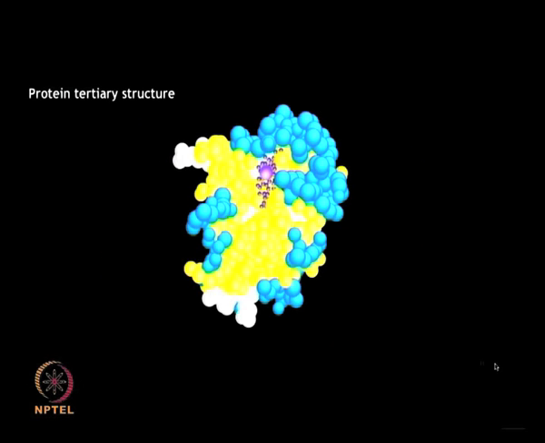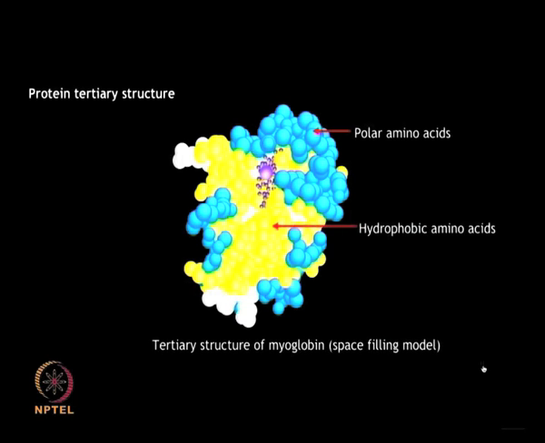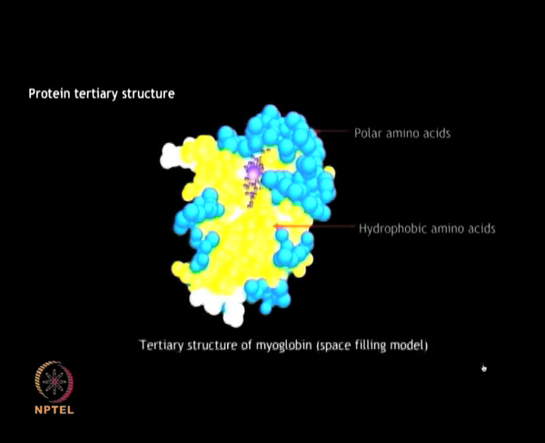The tertiary structure of myoglobin, determined by John Kendrew, clearly revealed that the nature of amino acid side chains dictates their location in the tertiary structure. The hydrophobic residues are found buried inside the structure, while the polar amino acids are present on the surface.